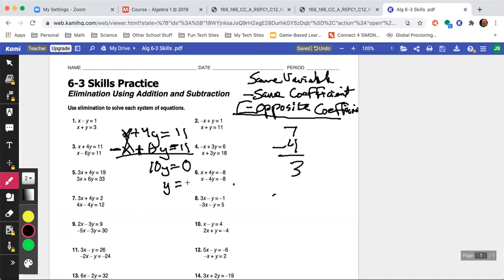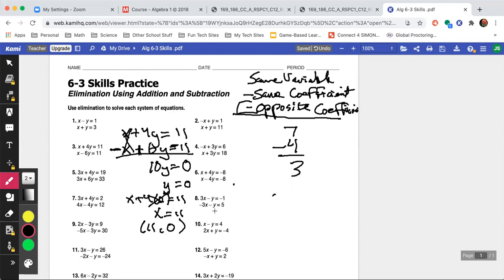So then you would get y equals 0. And then we can put that in either one of these. So you go x plus 4 times 0 equals 11. That gets rid of that. And then you get x equals 11. So my solution is the point 11, 0 for number 3.